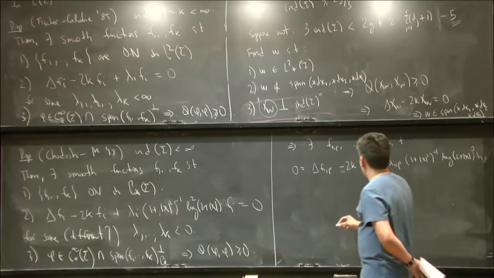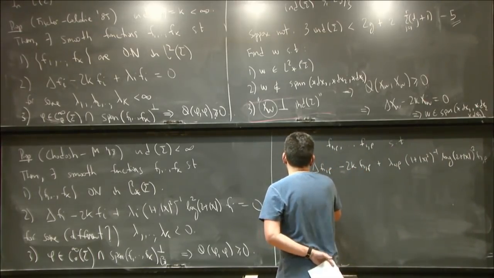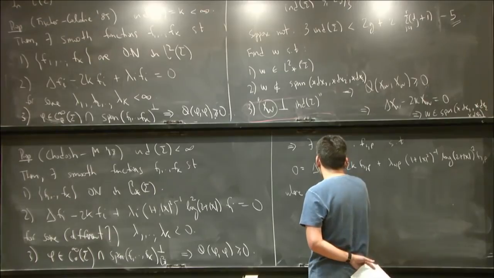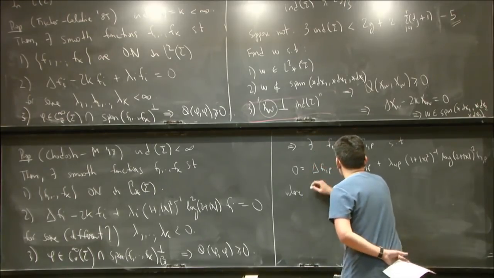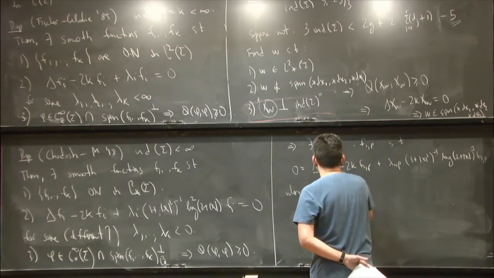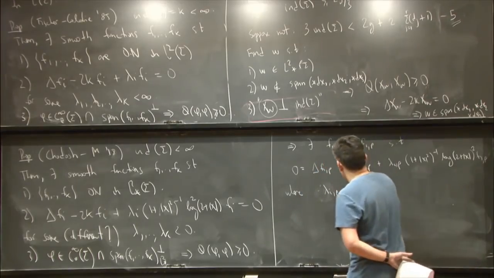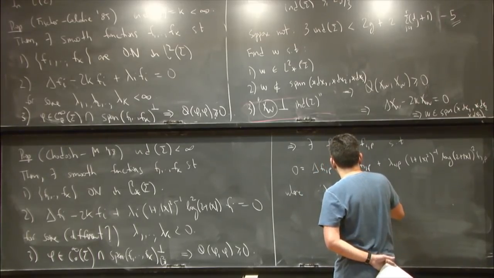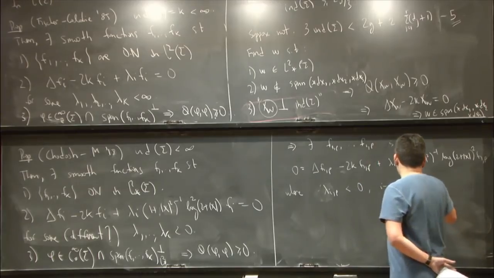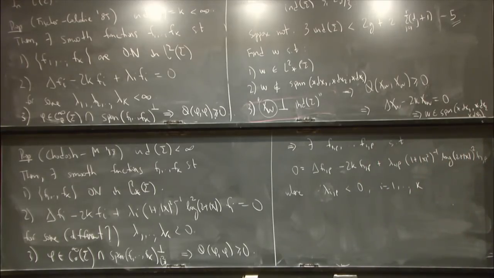Okay, where these eigenvalues here, lambda i rho, they are all negative. And you have k of them.